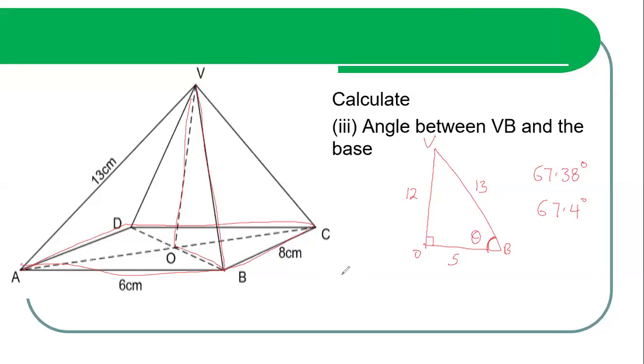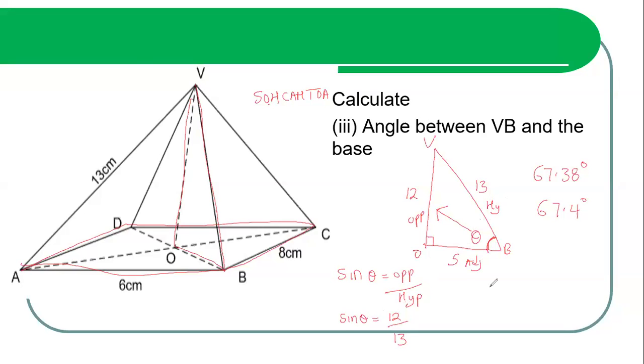Okay, let me use sine. When I have sine, I go back to SOHCAHTOA. SOH means sine theta is equal to opposite over hypotenuse. I look at my angle: the side where your angle faces is the opposite. So this is adjacent, this is opposite, and this is hypotenuse. So I'll have my opposite as 12 divided by 13.